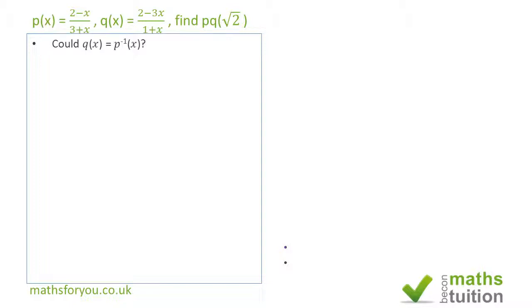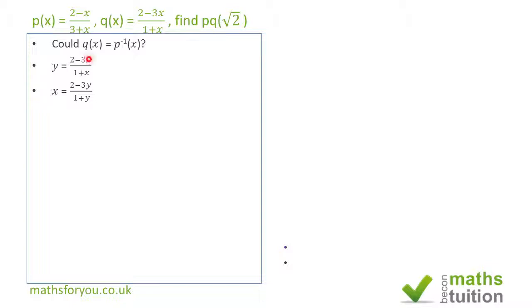So, right, now here we go. Instead of writing q of x, I'm going to write y, and then I'm going to write 2 minus 3x divided by 1 plus x there. Now to find the inverse, we replace y by x and x by y, and we end up with x equal to 2 minus 3y divided by 1 plus y.